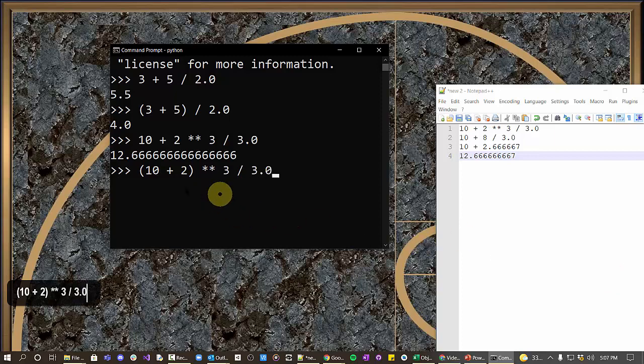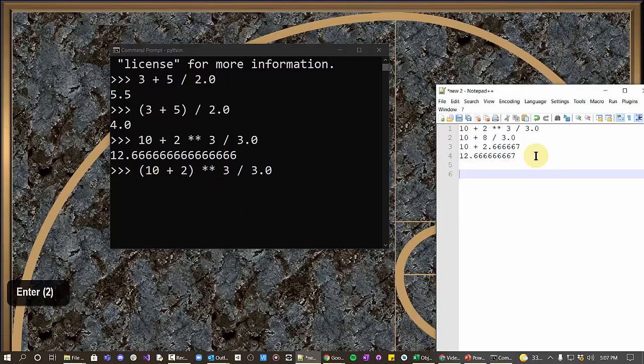Well, in this instance, we're going to add 10 plus 2 first, so that will be 12 raised to the third power divided by 3.0. And then 12 to the third power is going to be some really large number.